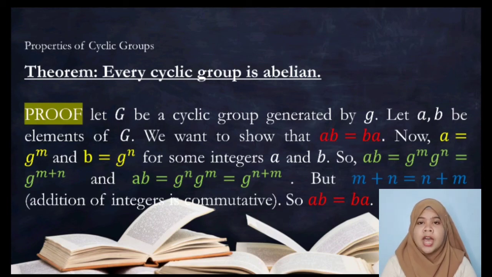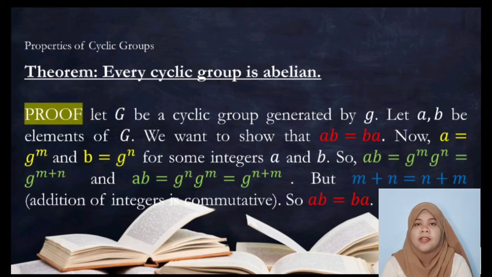So now we have a is equal to g to the power of m and b is equal to g to the power of n for some integers m and n. So ab equals g to the power of m times g to the power of n, which is equal to g to the power of m plus n, and ba equals g to the power of n times g to the power of m, which is equal to g to the power of n plus m.